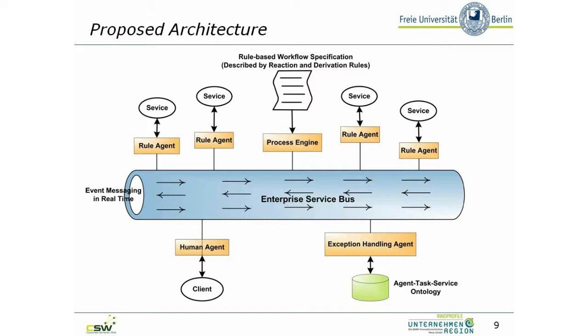These rule agents are connected by an enterprise service bus. And here, this is the human agent. If some exception arises at runtime, the human agent will be used to make decisions at runtime.